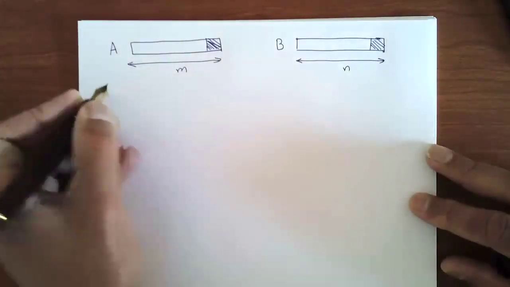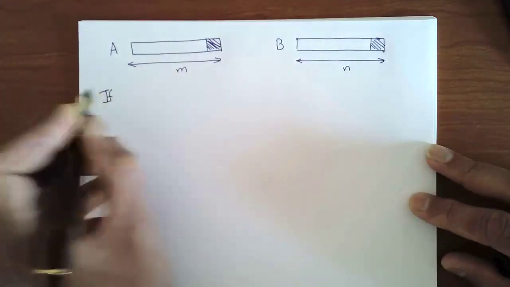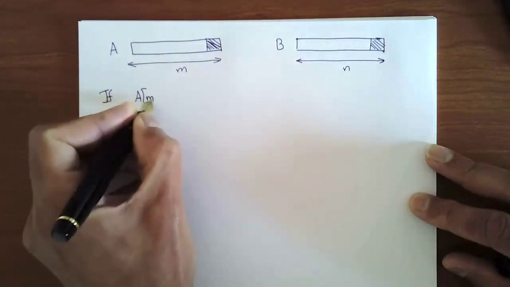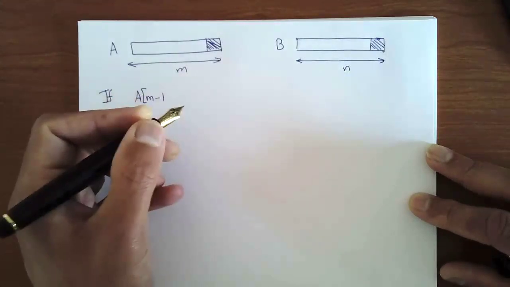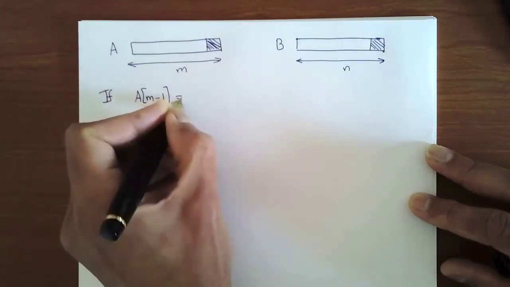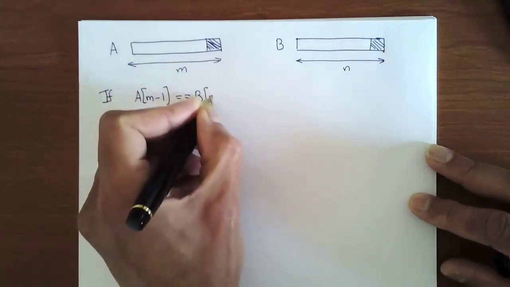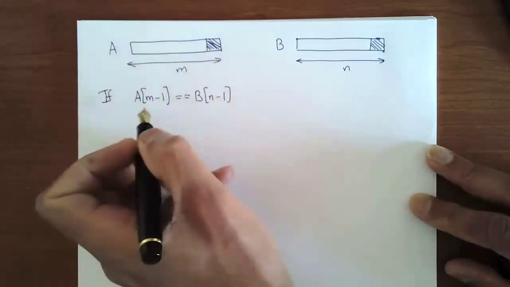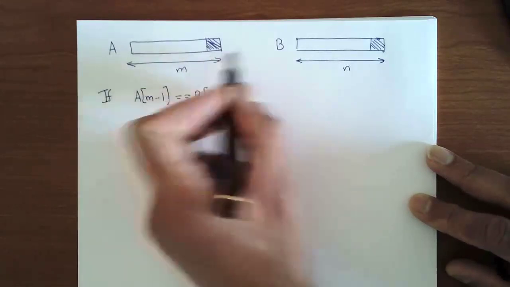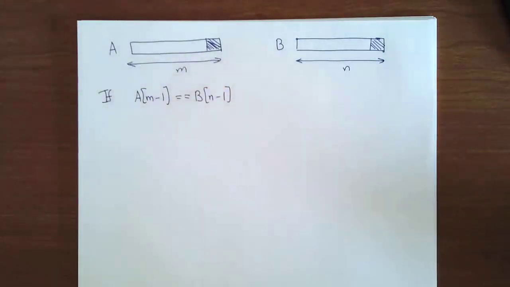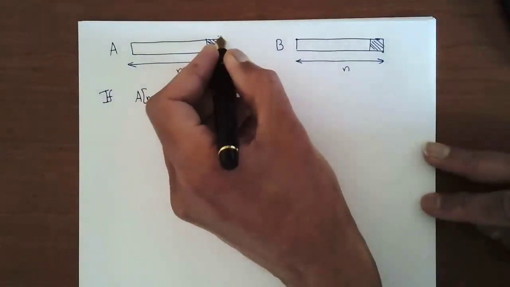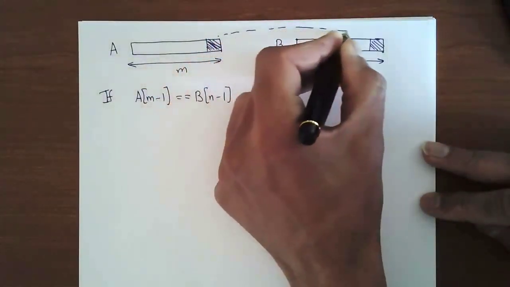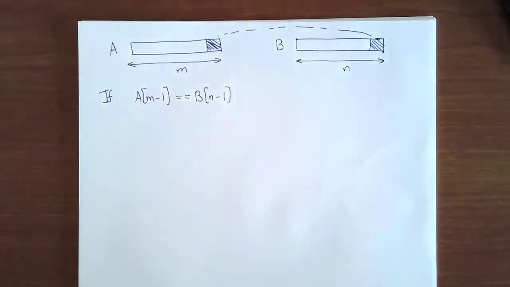If these last characters are identical, I'm just thinking of these as lists and indexing, so m minus 1 corresponds to the last index. If these two are the same, then in the LCS I can just match these to each other.